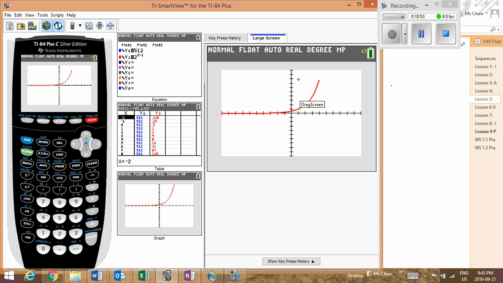But right now, our standard window setting, remember, goes from positive 10 on the x to negative 10, positive 10 on the y to negative 10. What we want, though, is y equal to 512. We're nowhere close. We're only at 10. So that means we need this y to be a whole lot higher.